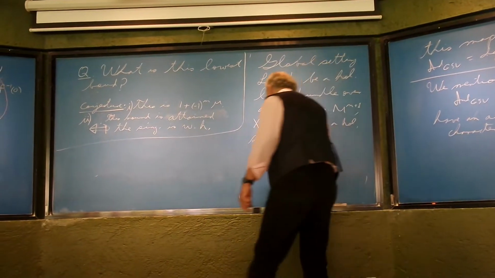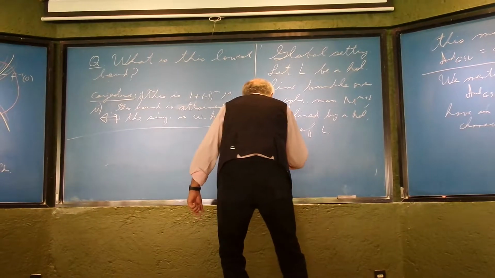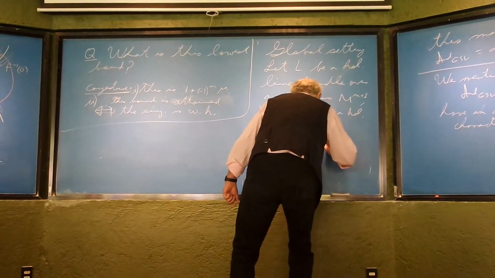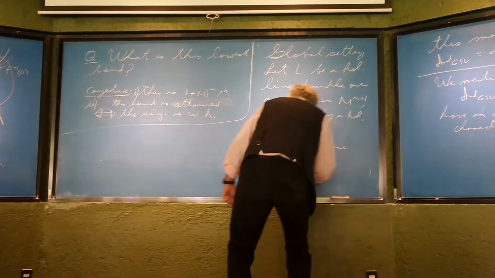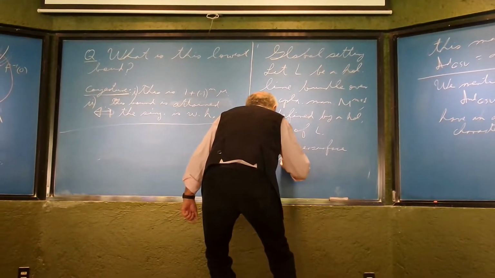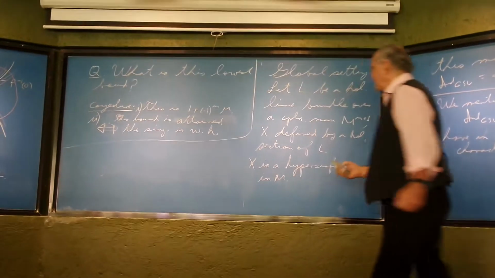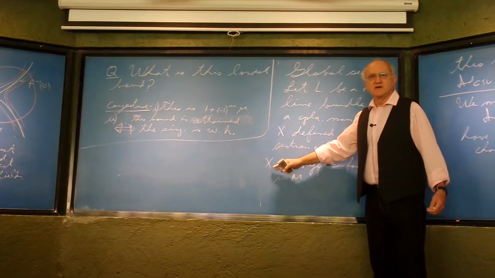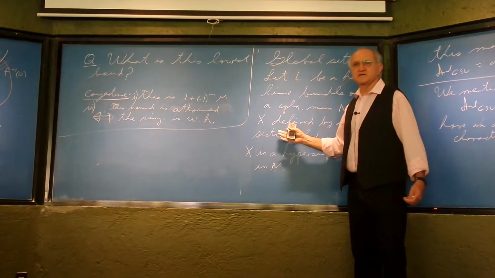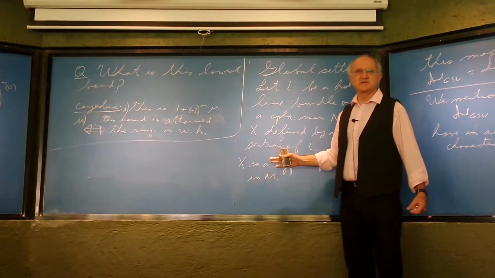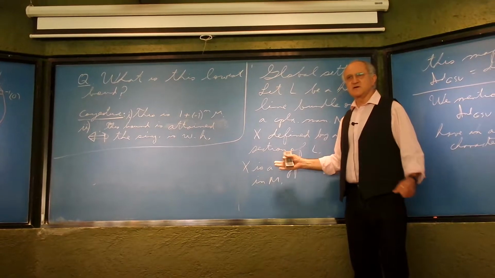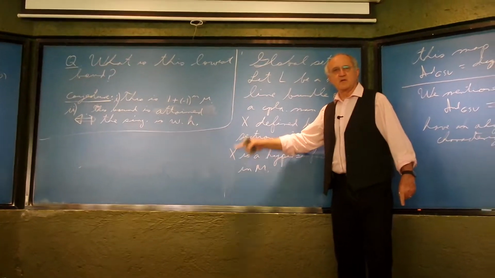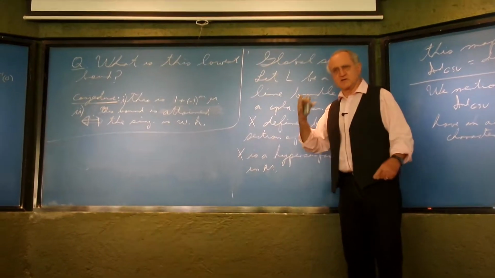I will say that X is a hypersurface. The singular set of X are the points where the section is not transversal to the zero section. Where the section is transversal to the zero section, we are at smooth points. And when we don't have that transversality, we get singularities.